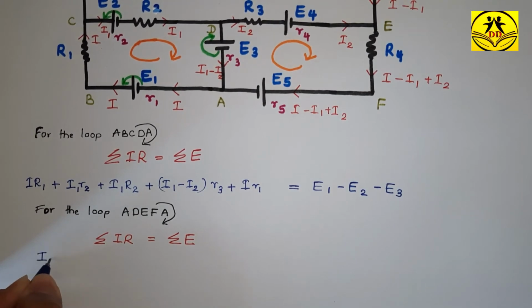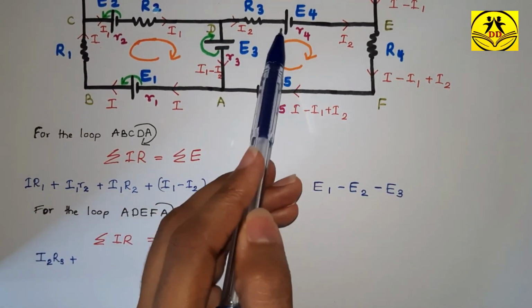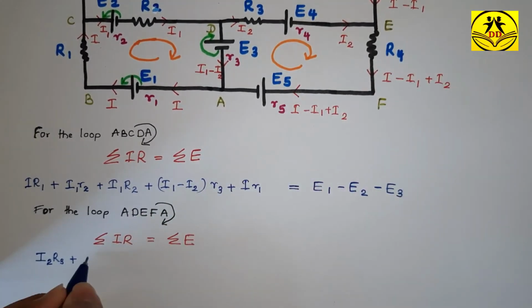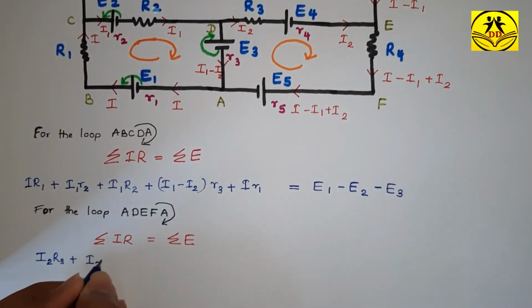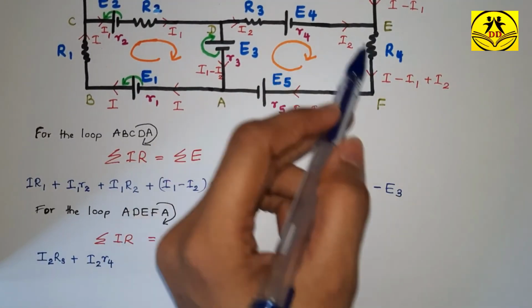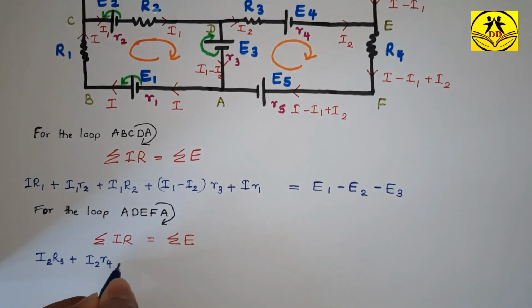So you can write I2 R3 plus, here same I2 moves through R4 to the same direction of the loop. So I2 R4, here to the same direction of the loop, this current flows through R4.